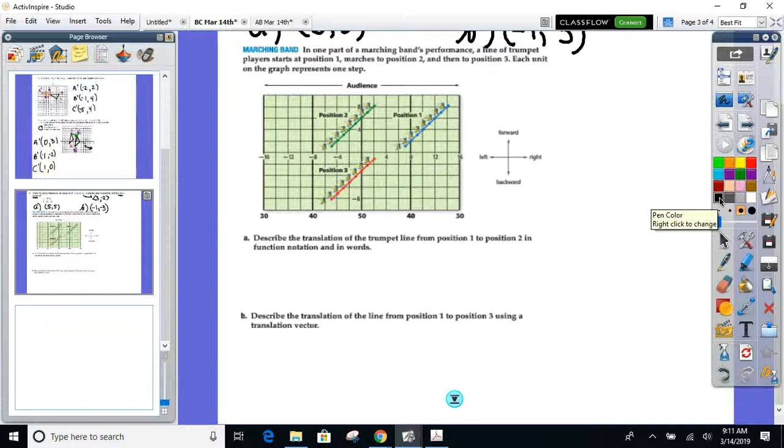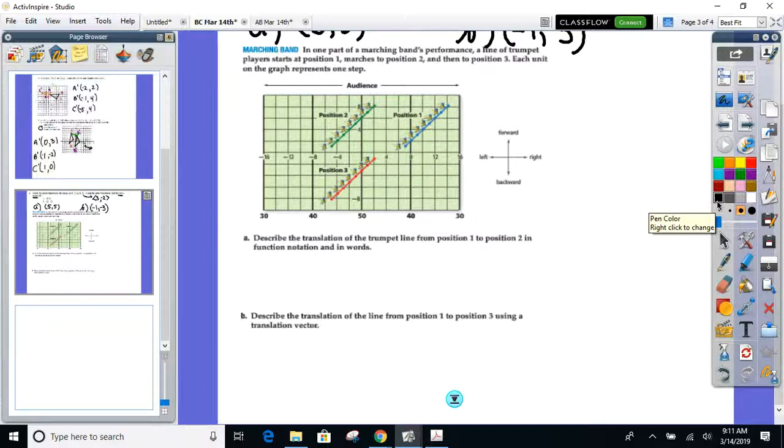All right. Here we go. Also, in case you needed assistance, I put the little right, left, forward, backwards down there, because I heard a lot of people say go down on the x-axis, so we added that in there, so that might be helpful. All right, describe the translation of trumpet line 1 to 2. I want it in function notation and in words.